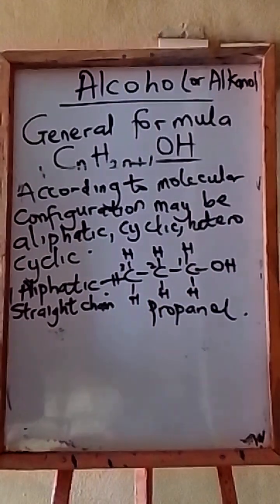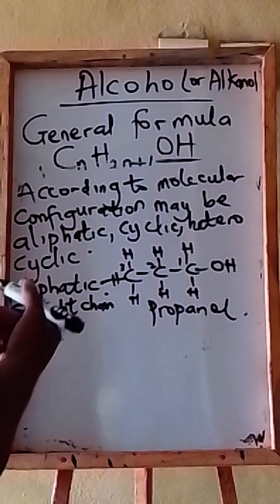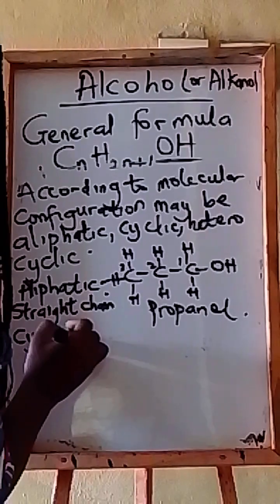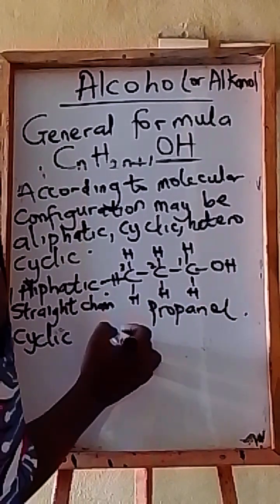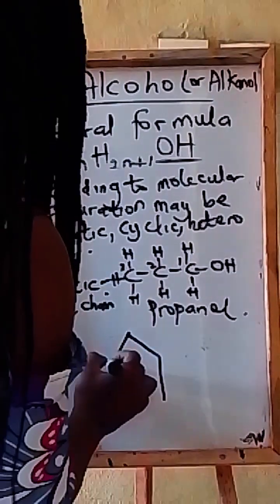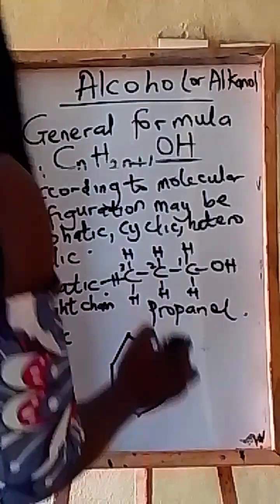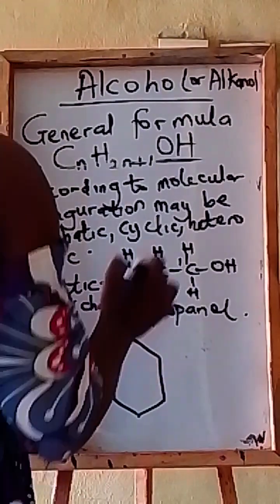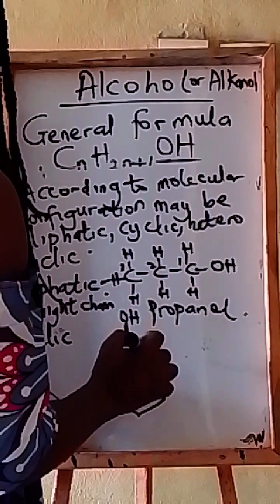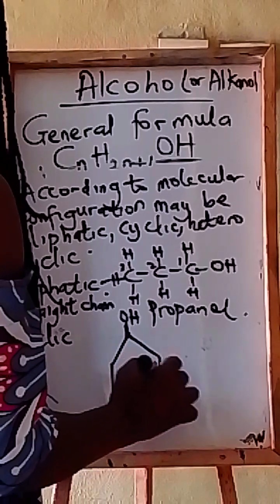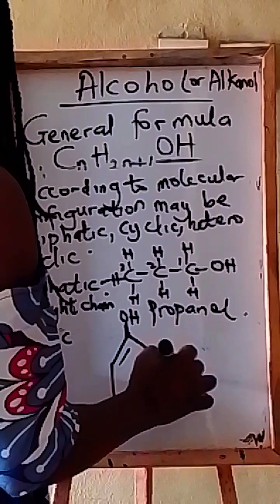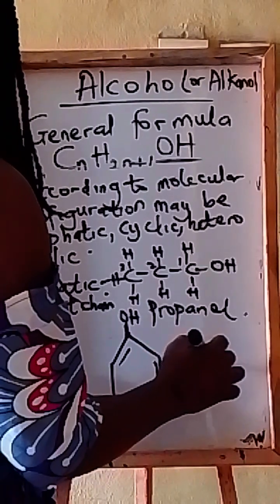We have another one that can be cyclic. So when it's cyclic it is like this. We have OH. So when we have something like this, we can call it hexanol.